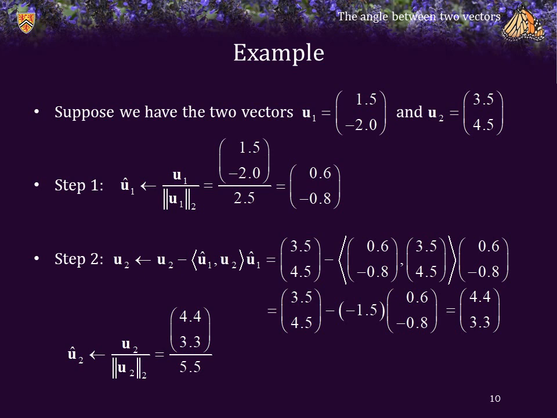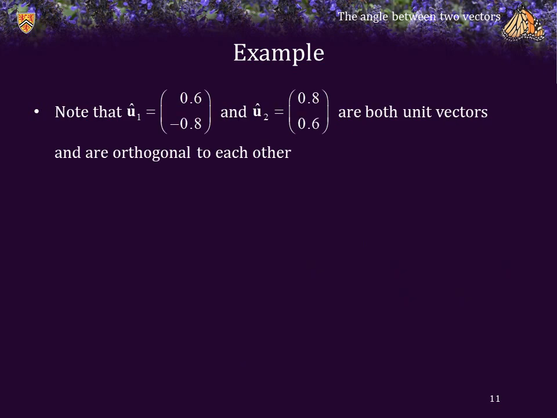So dividing each of the entries by 5.5 gives us the vector 0.8, 0.6. All right, so we note that these two vectors are both unit vectors and they are orthogonal to each other.